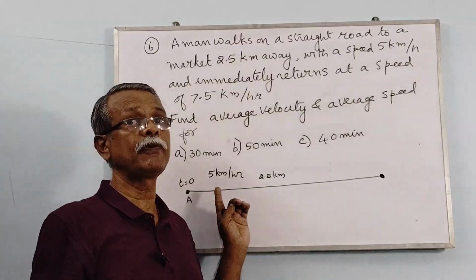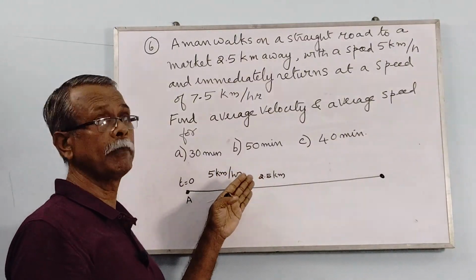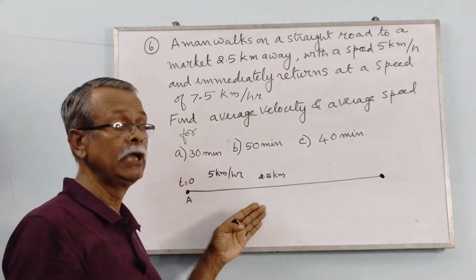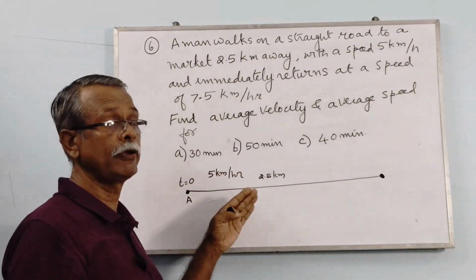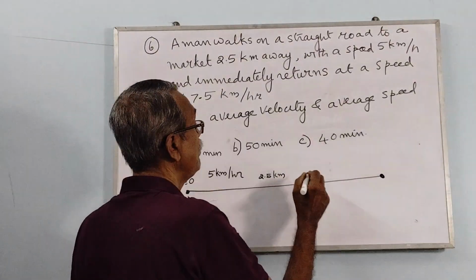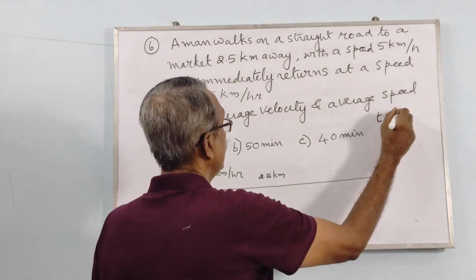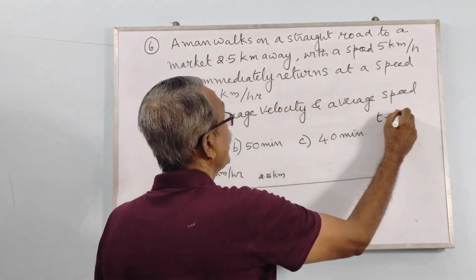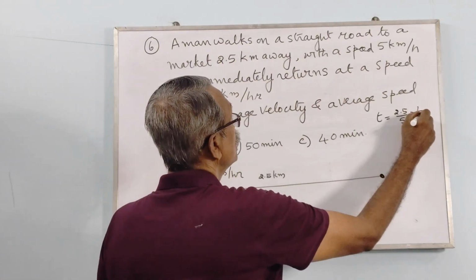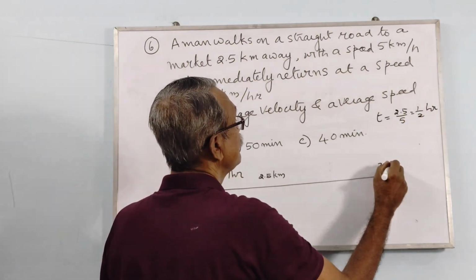The time for the first part is distance divided by velocity, 2.5 divided by 5, equal to 1 by 2 hour, which is 30 minutes.